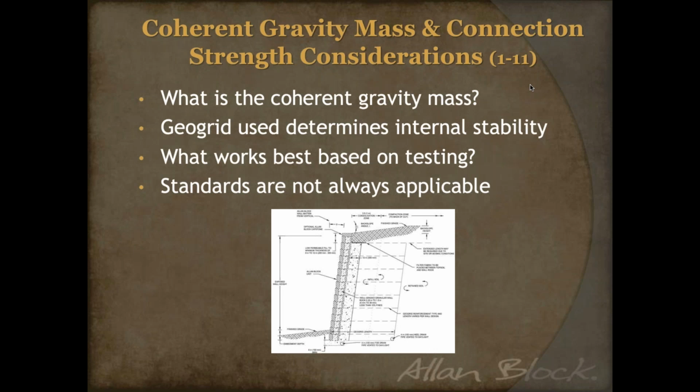The reason this section is here is because Allan Block has done a ton of testing and studies over the years, and we've really found that, in general, if you're using grid lengths that are 60% of your wall height and placing them on every other course of your wall, that is going to lead to a reinforced mass that's going to easily distribute any of the internal pressures of a standard wall.